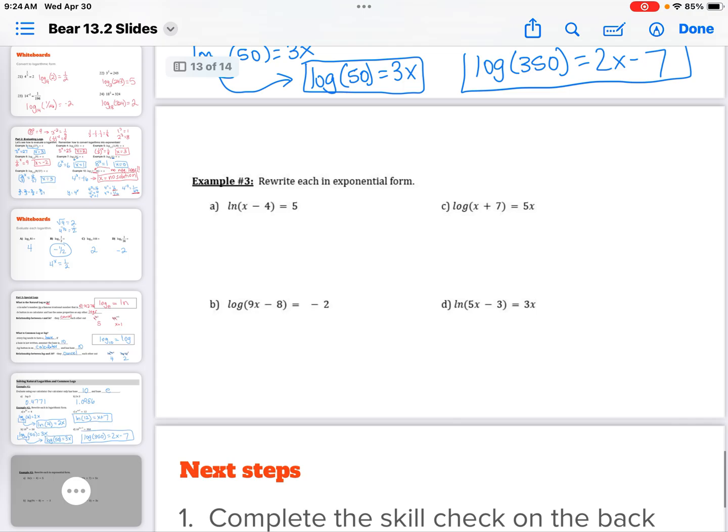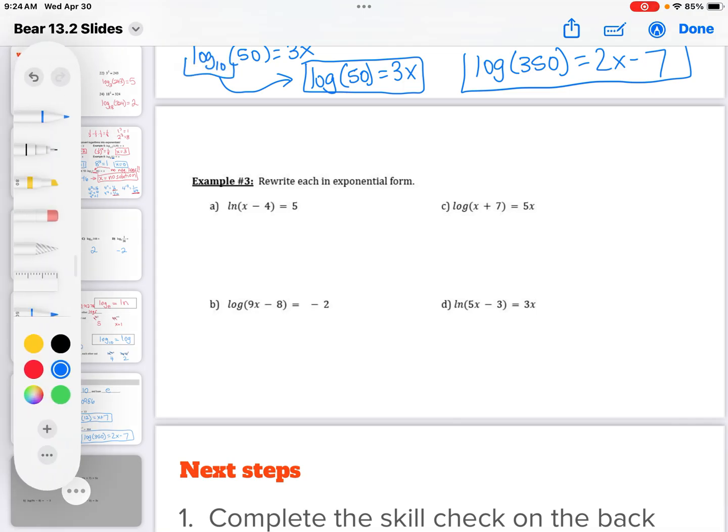And then finally, we should be able to do this in reverse. So here we have log forms, we're going to write exponential. Here I see natural log, so that means base of e, power will be 5, e to the 5th equals x minus 4. Next one is the common log, so we'll write that as base 10 to the exponent 5x equals x plus 7.